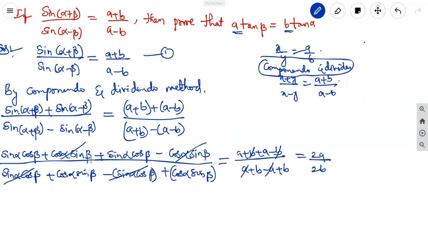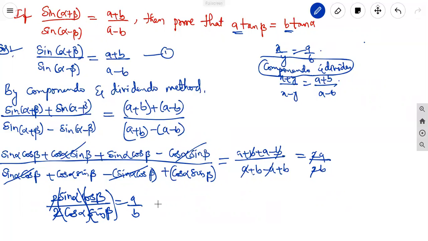So here we get 2 sine alpha cos beta by 2 cos alpha sine beta equal to a by b. The 2 gets cancelled. The ratio of sine alpha by cos alpha is tan alpha, and cos beta by sine beta is cot beta, equal to a by b.